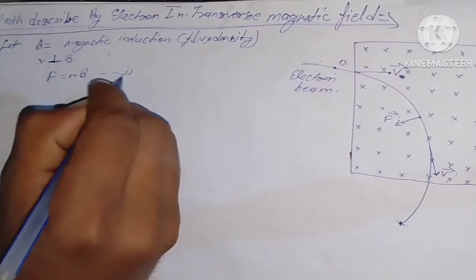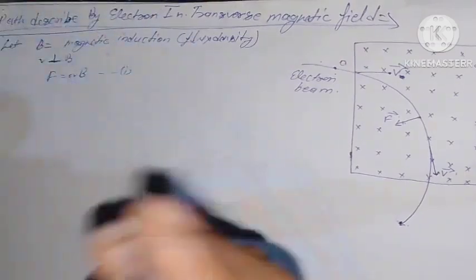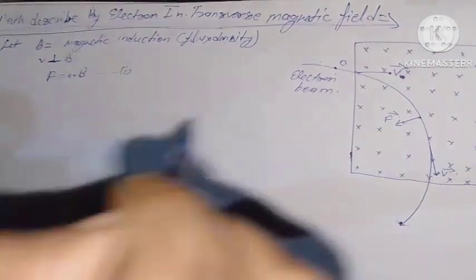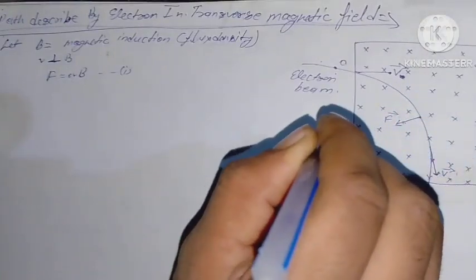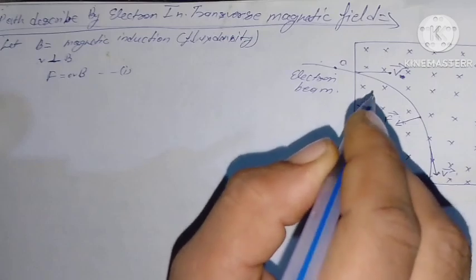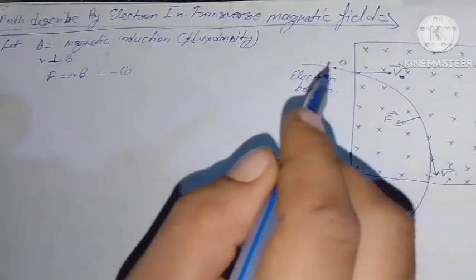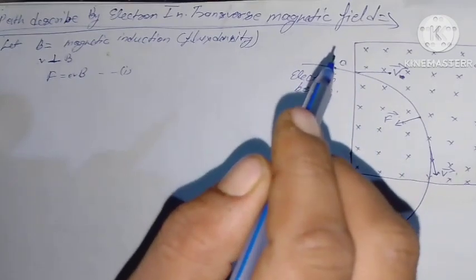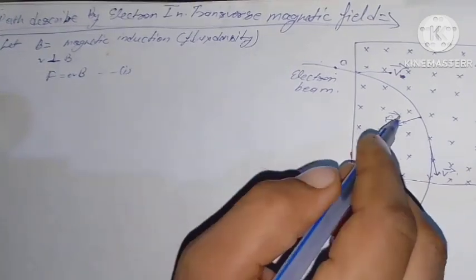This is equation number 1. The direction of this force is always perpendicular to the plane of v and B, as given by Fleming's left hand rule, as shown in the figure.